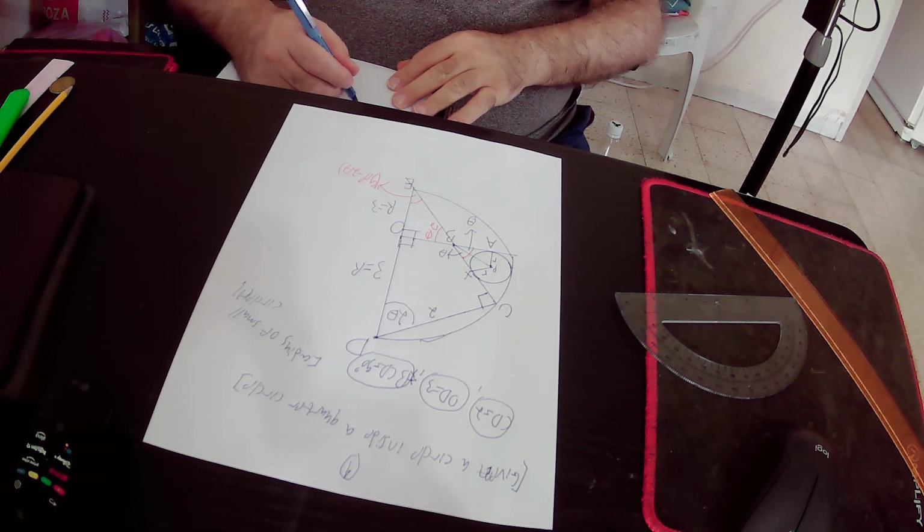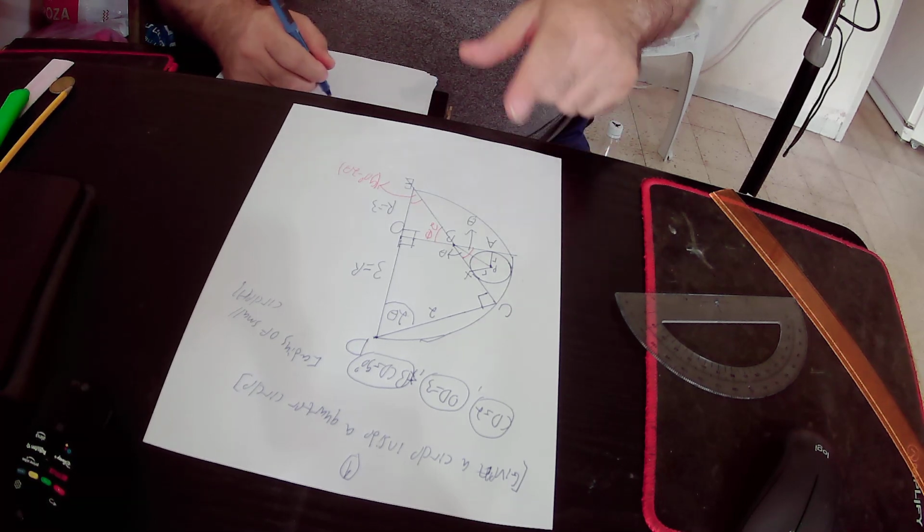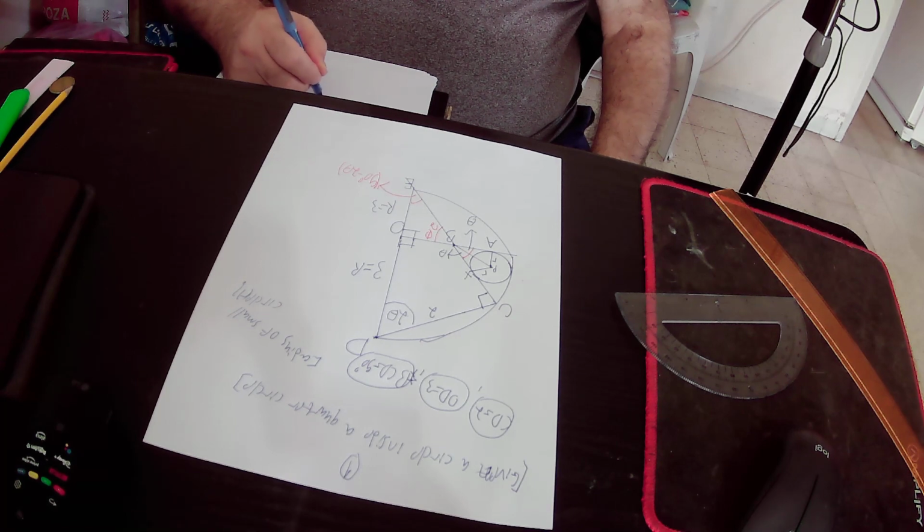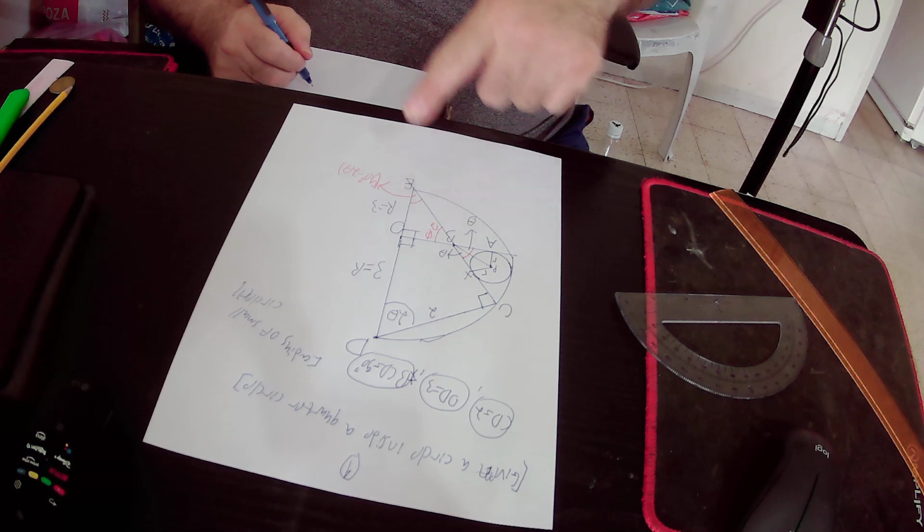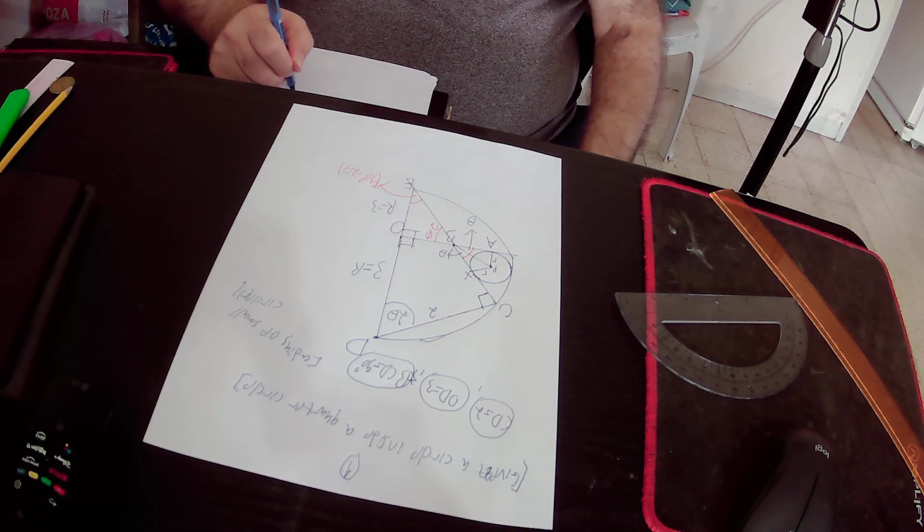So CD square plus CE square must be equal to DE square, that is according to the Pythagorean theorem.